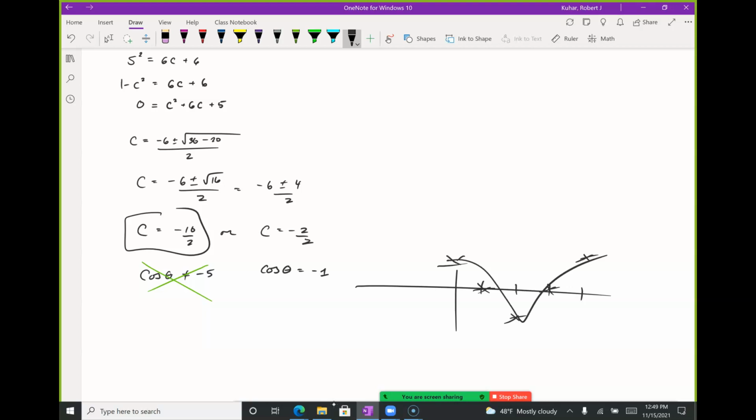So 1 pi, 3 pi, 5 pi, 7 pi. So theta equals 2k minus 1 pi. We knew that odd sequence from chapter 12. 2k minus 1, 2k plus 1, either one. Nice, one more.